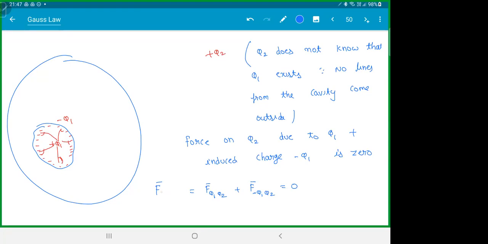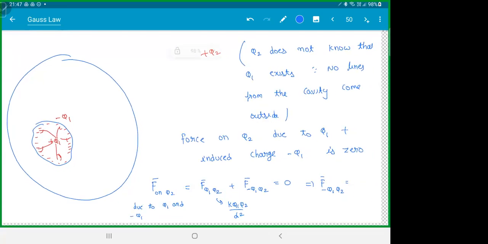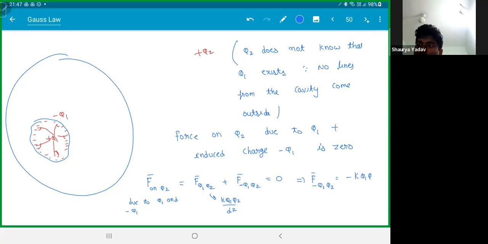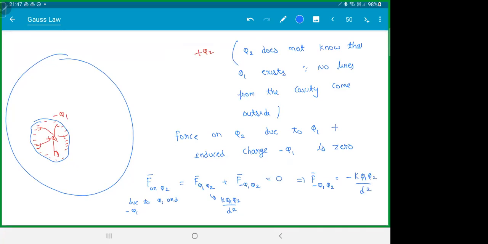So this is basically the force on Q2 due to that whole cavity, due to Q1 and minus Q1. This is 0. So this guy is K Q1 Q2 by D square. So the force between the minus Q1 and Q2 will be minus K Q1 Q2 by D square. That is only the induced force, the force due to the negative charge on Q2.